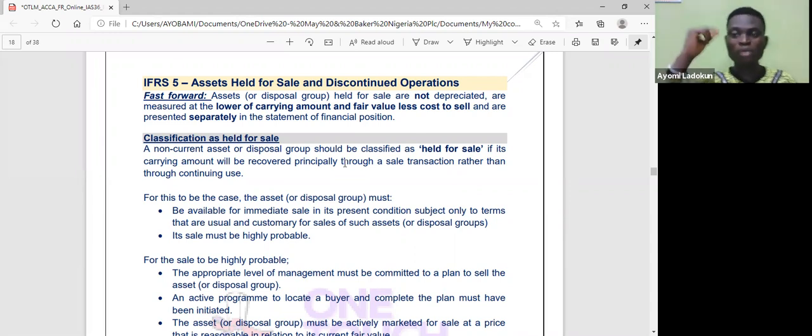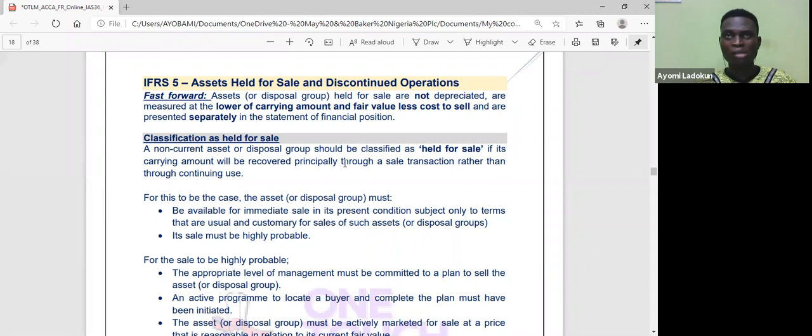IFRS 5 deals with assets held for sale and discontinued operations. Normally, if I use an asset for an administrative purpose or in the production of goods and services, I apply IAS 16, property, plant and equipment.